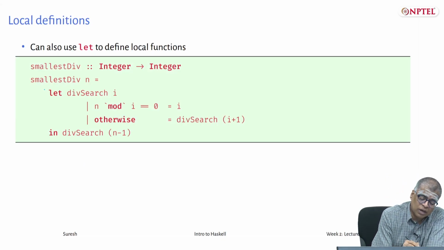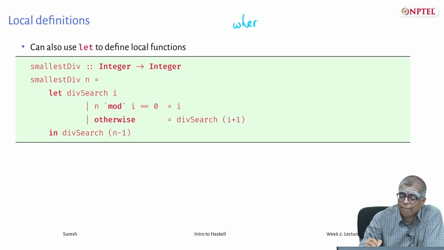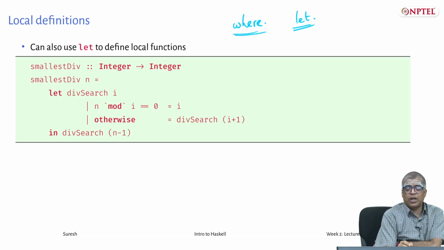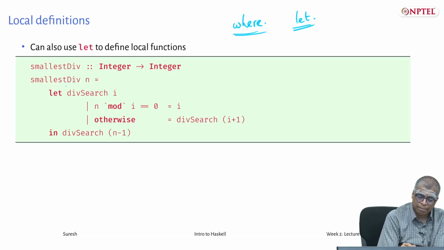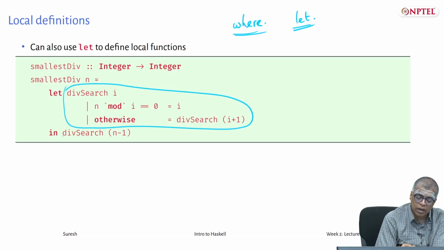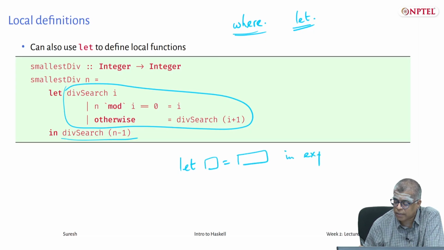So here is another way of defining local definitions. We saw where, there is also let. You can say smallest div n is let div search i equals this whole definition in an expression. So it will always be let something equal something else in an expression.